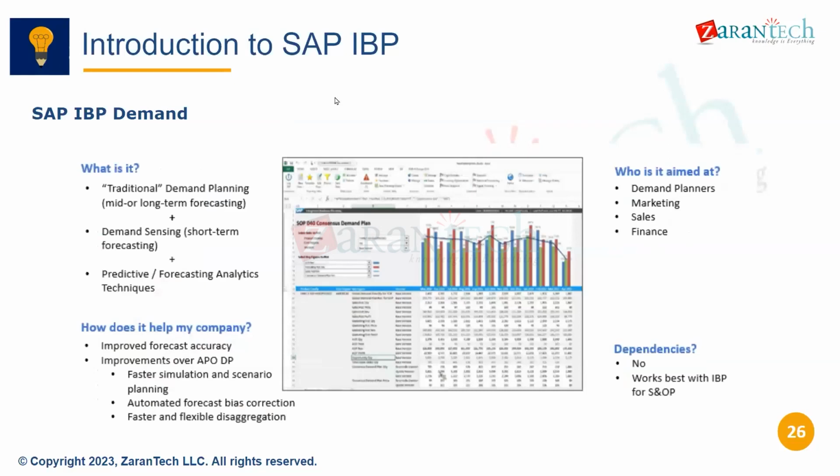So here you can see that this is the Excel user interface, in which you see the data here, and here you can see the graphical representation. So this will give you a fair idea, and immediately you can have the alerts set in your system. So basically, alert management is also done quite efficiently in SAP IBP.